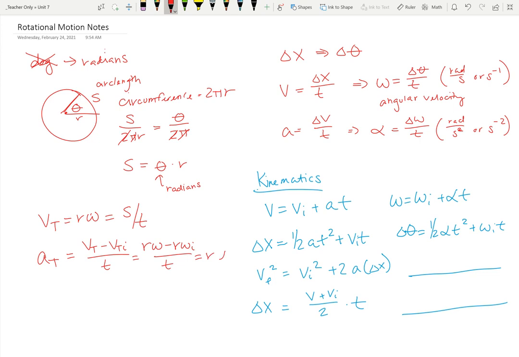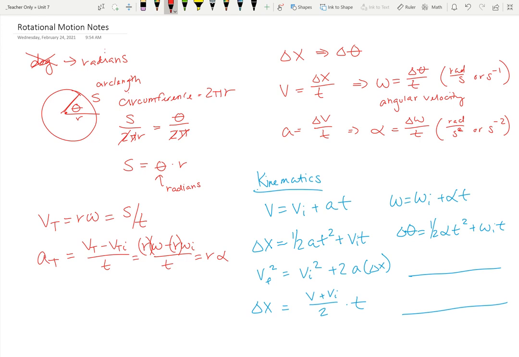That's going to be R alpha. We can see there, if we pull out these R's to the front, we end up with R and then change in omega over time, so that's R alpha. So if you would like to, instead of just translating, you could derive each of these rotational kinematic equations from the linear ones using these conversion factors.